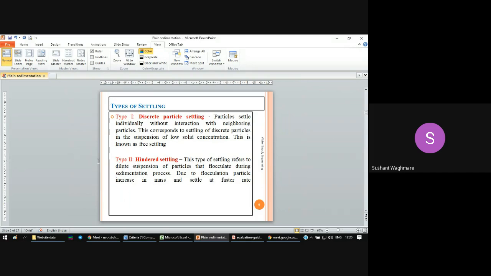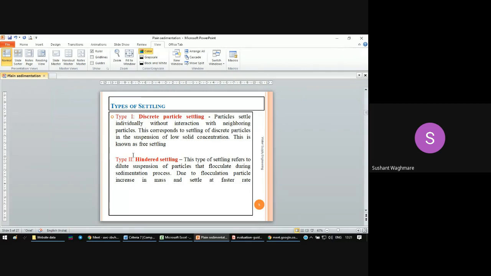Then second is hindered settling, right? Here basically a suspension is created, or a floc is created. Now what does floc or flocculation mean? Some chemicals are added into the water, and what those chemicals do is attract all the solid particles to them, creating a combined mass of different particles along with the chemical.